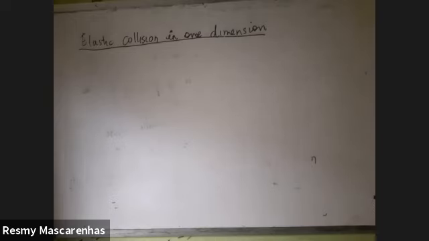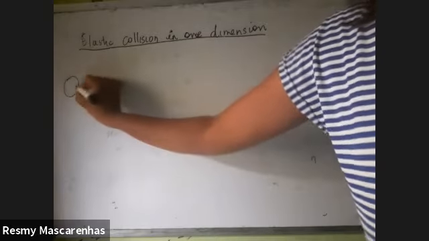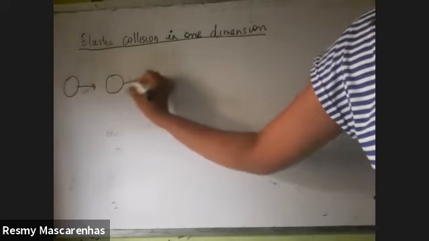We will draw this diagram. Suppose there were two objects which are moving.